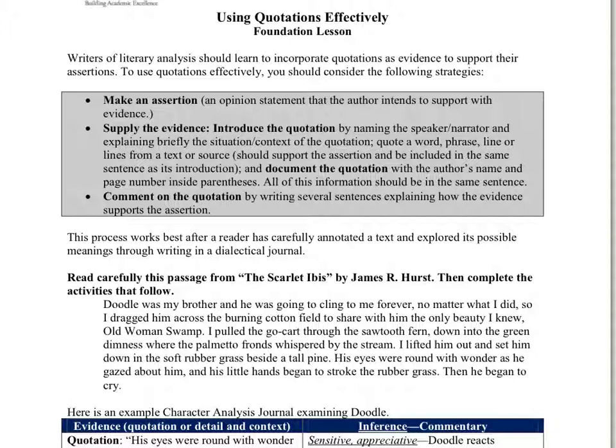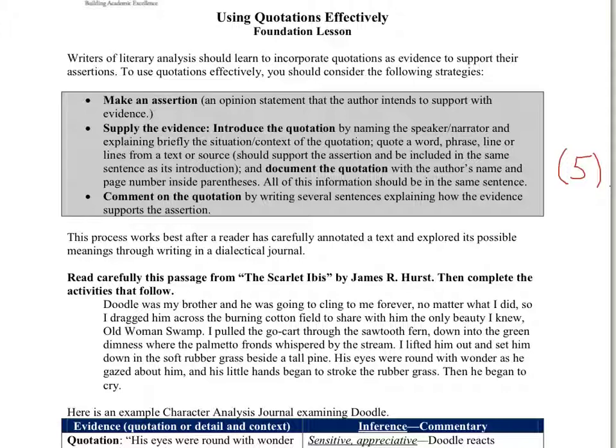And lastly, you'll document the quotation. The documentation goes into parentheses. Parentheses are these little things at the end of the sentence, and the number will go in the parentheses before the period. Please note that all you have to put inside there is the page number. You do not need to write the abbreviation PG or P or write out the word page.